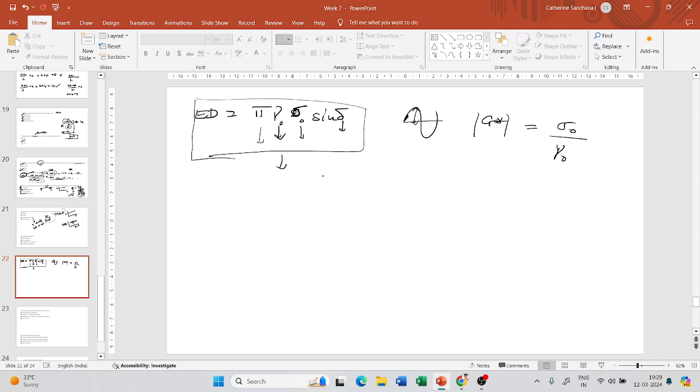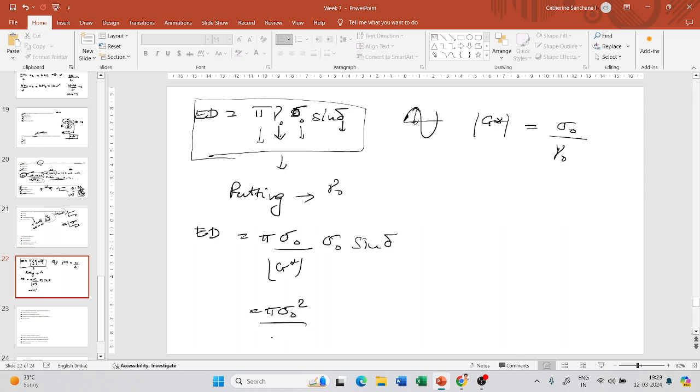For rutting, we are going to replace the value of strain. So now for rutting it is going to be pi by G star into sigma dot into sine delta, and that is how we get pi sigma dot square by G star into sine delta.